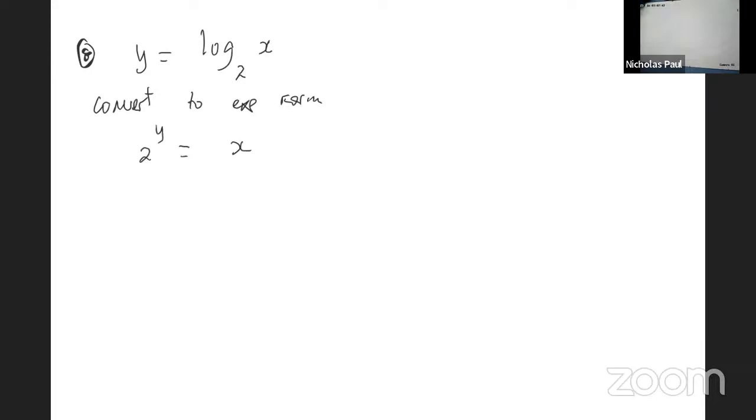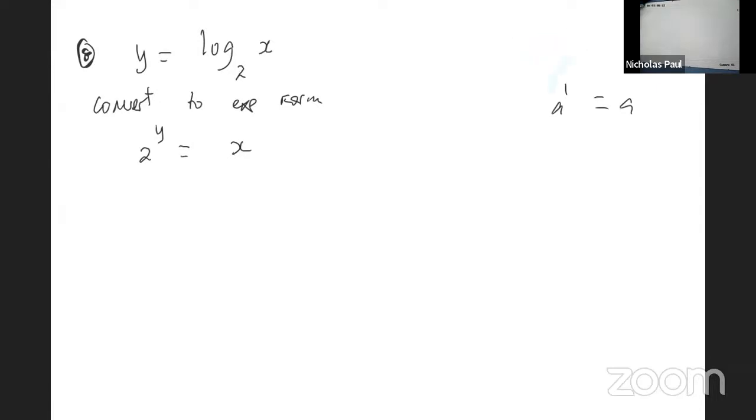Remember that? It's like if you have log a base a is equal to 1, you carry up this a, carry across the 1, make it equal to a. So that will be 2 to the y is equal to x.